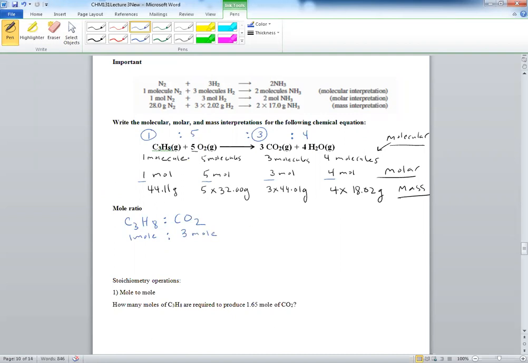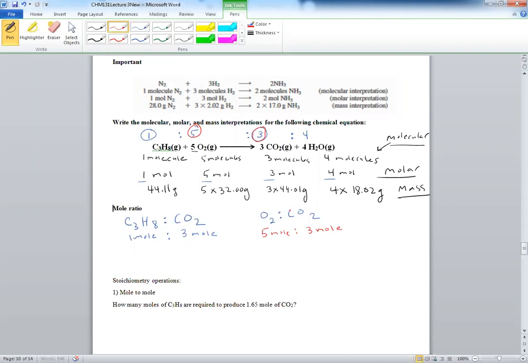If I need the ratio of O2 to CO2, once again, that would be 5 for oxygen, and of course the 3 for the carbon dioxide. So that would be 5 moles to 3 moles, and so on and so forth.